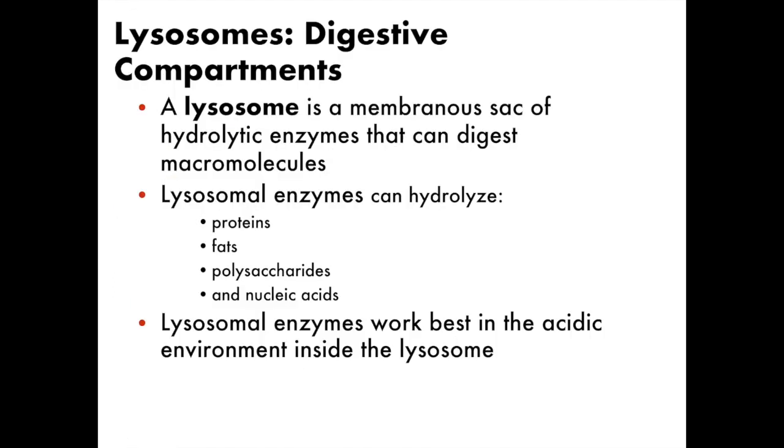All right, next part of the endomembrane system are the lysosomes. And lysosomes are ways for cells to go through hydrolysis, which is that way to break down macromolecules by using water to add in and break off monomers of very large polymeric macromolecules.